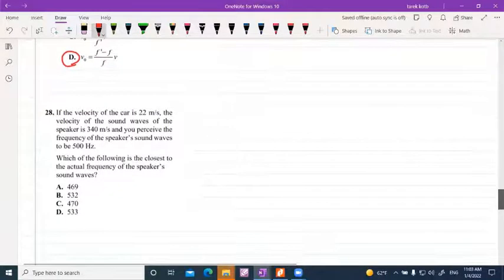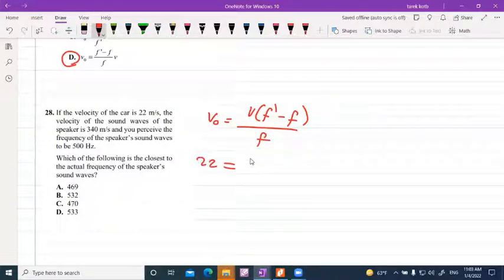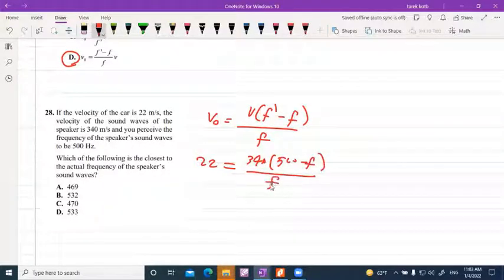According to the same equation, V0 equals V times (F dash minus F) over F. This is the one I got from the previous problem. So replace V0 by 22, V by 340, and F dash by 500. Now we still have F to get. We can solve this equation by calculator.